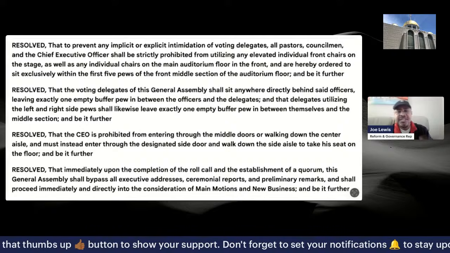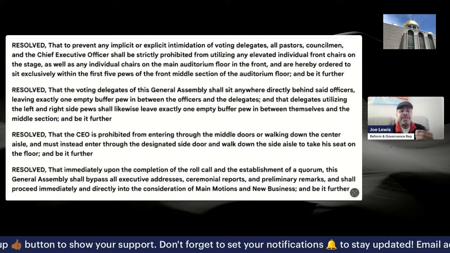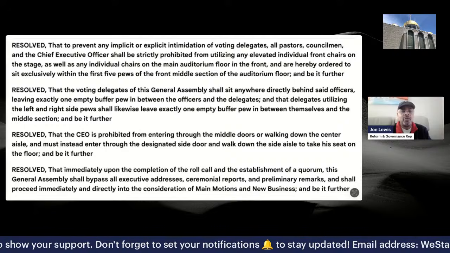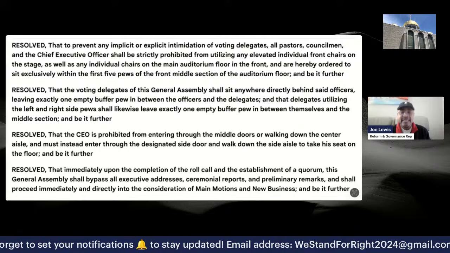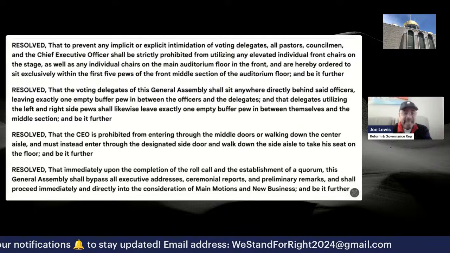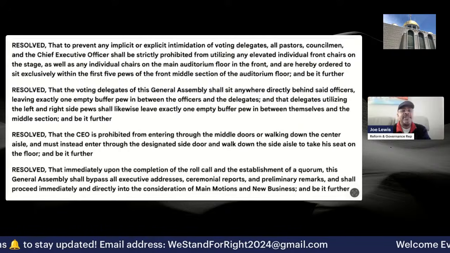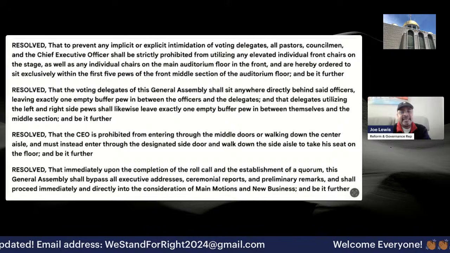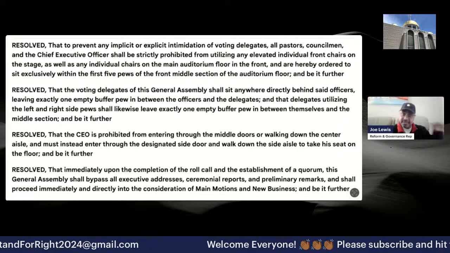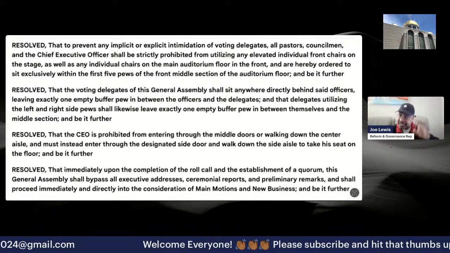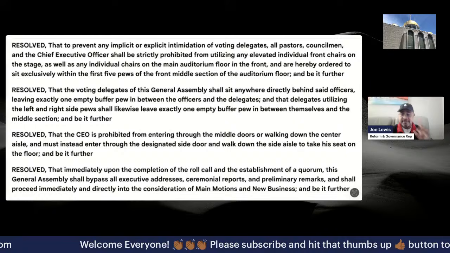Resolved that the CEO is prohibited from entering through the middle doors or walking down the center aisle, and must instead enter through the designated side door and walk down the side aisle to take his seat on the floor, and along with the council and the pastors as the CEO.